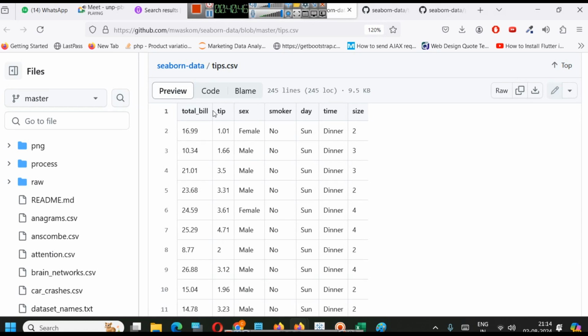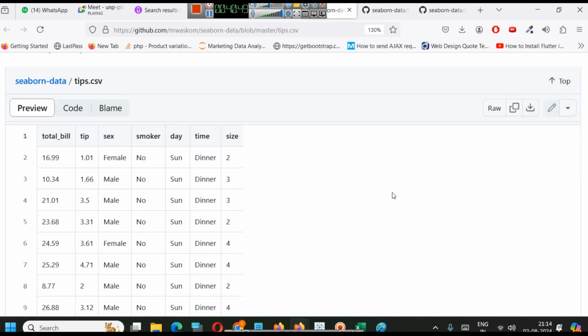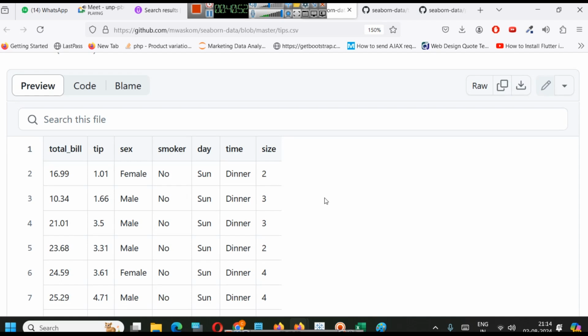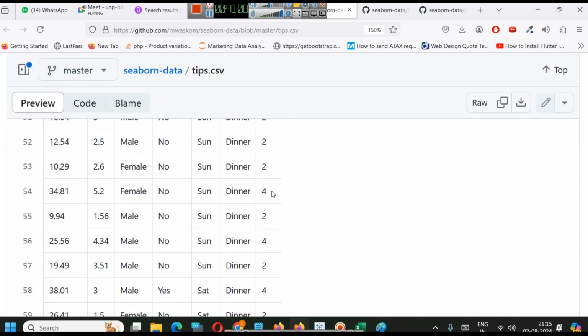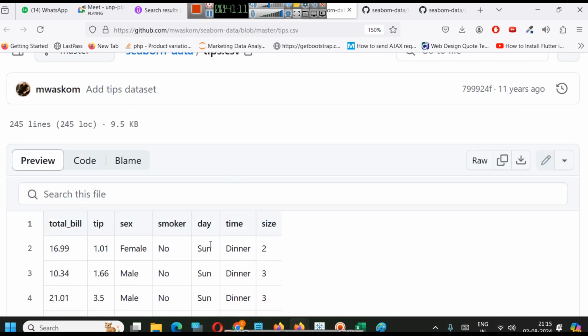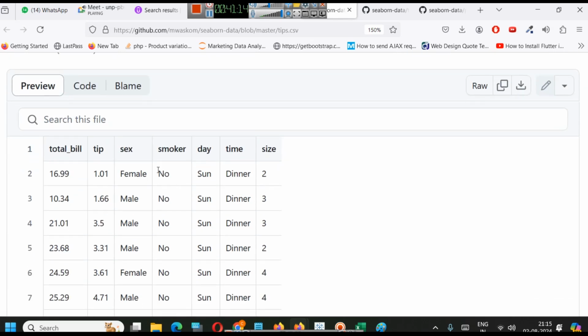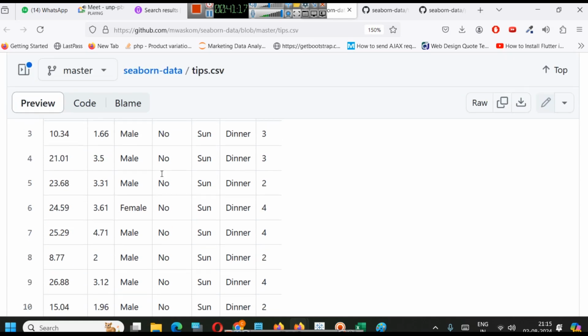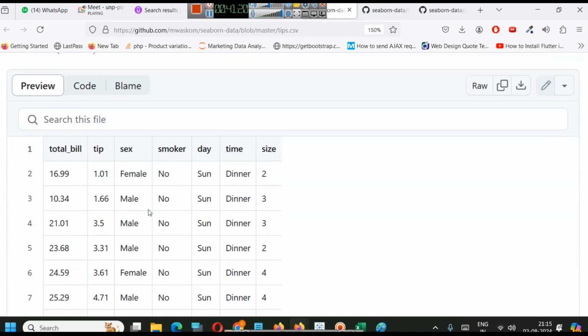So for example, what is this data? This data is of a restaurant where the restaurant owner noted down the details of a person eating, whether the person was eating dinner or lunch, on which day the person was eating, whether the person was a smoker or not, and whether the person who paid the bill was male or female, what was the total amount of tip received, what was the total bill.